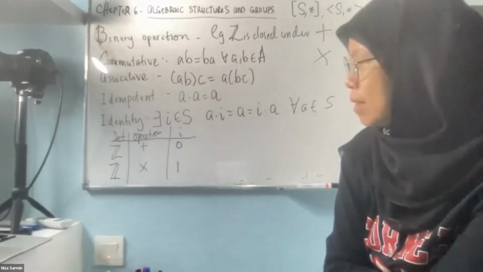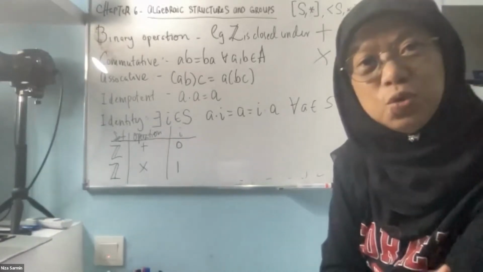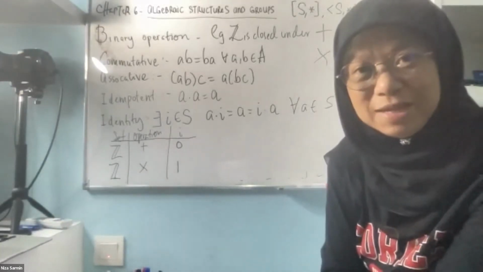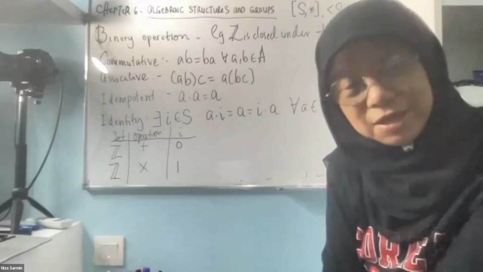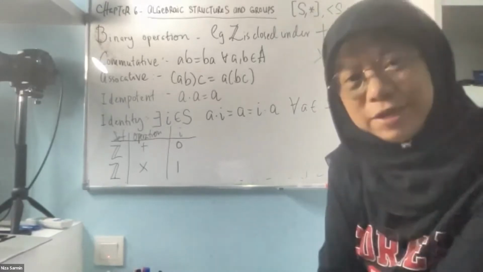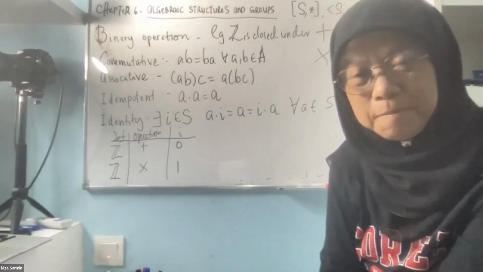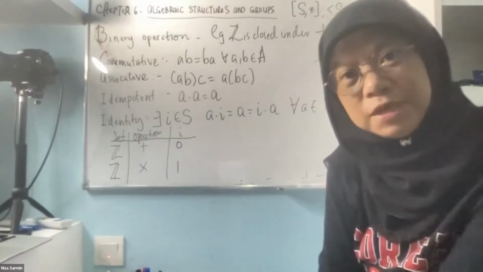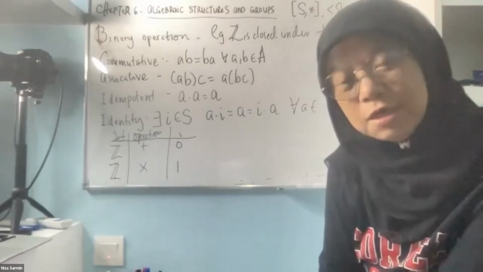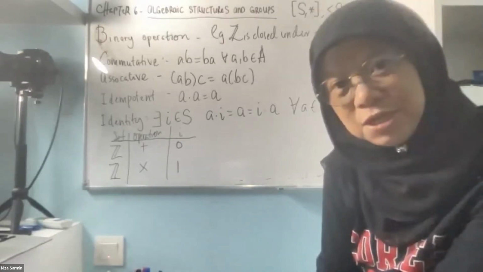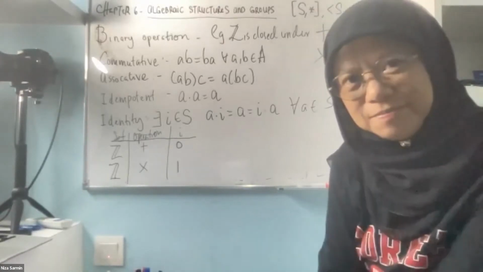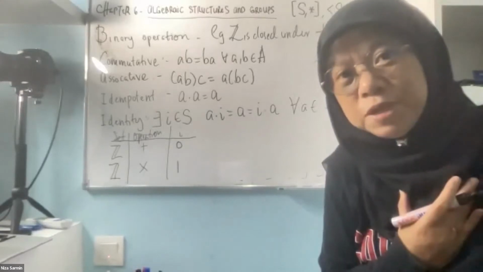If you have Q, the numbers are all similar. If the operation is addition, then it is binary and the identity is always 0. But if it is multiplication, the identity is always 1. I can change the operation.